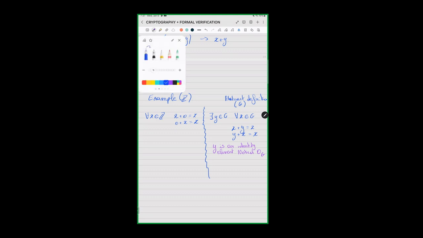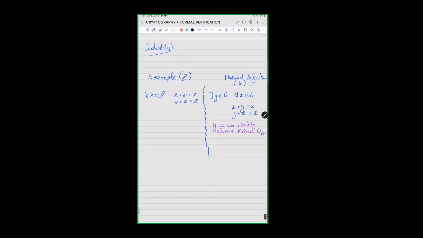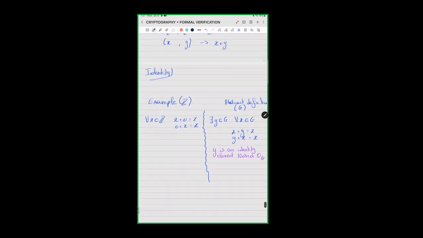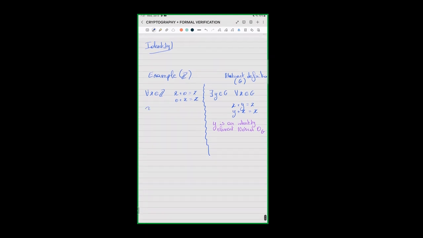What we also have is that for every element in Z, for every integer, we can also find another value y such that x plus y equals 0, and also y plus x equals 0.